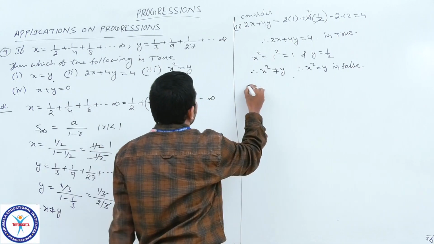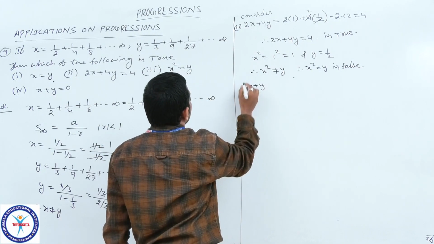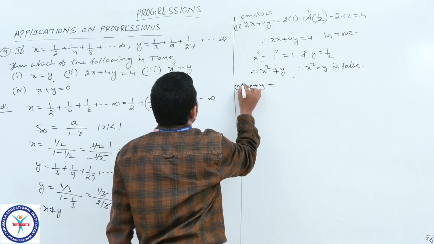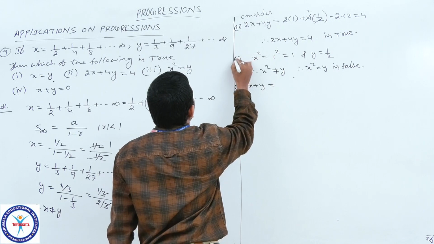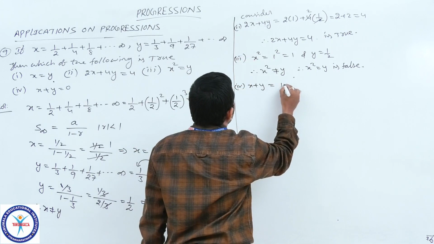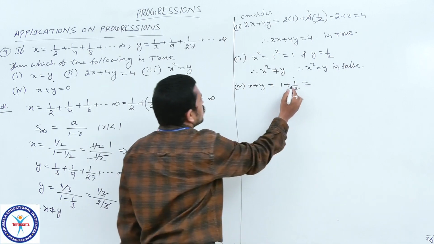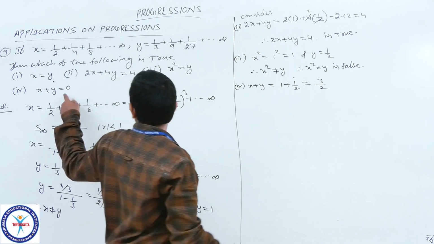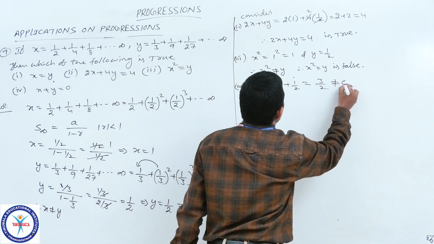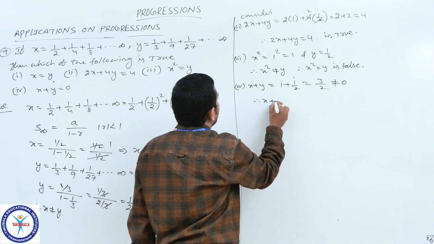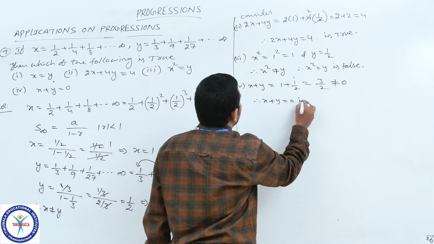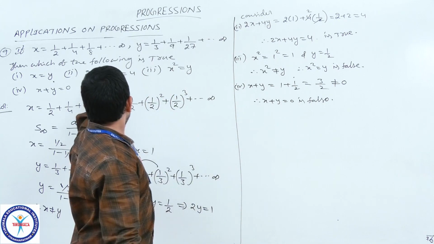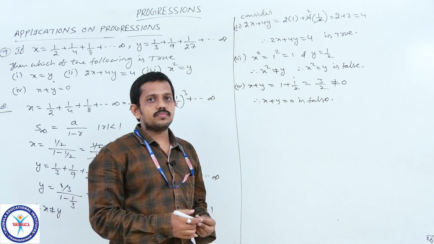Next one, x plus y. x plus y is equal to 0 is the fourth one. So x plus y, x is 1 plus 1 by 2. So 1 plus 1 by 2 is equal to 3 by 2. But here it is given 0, and 3 by 2 is not equal to 0. Therefore x plus y is equal to 0 is false.